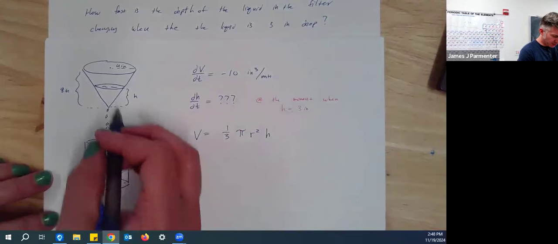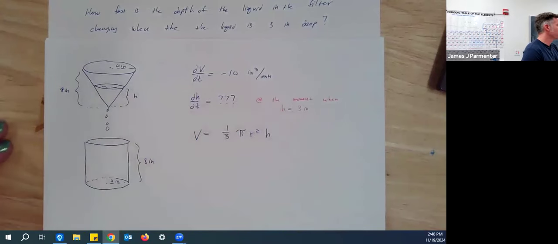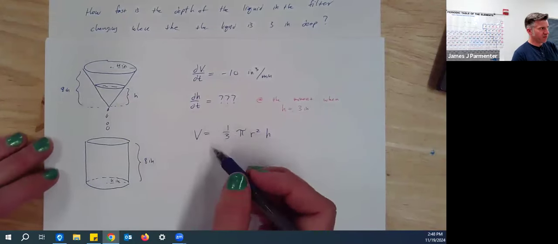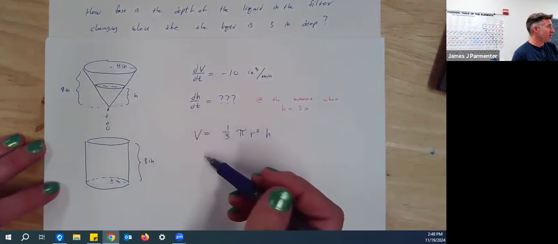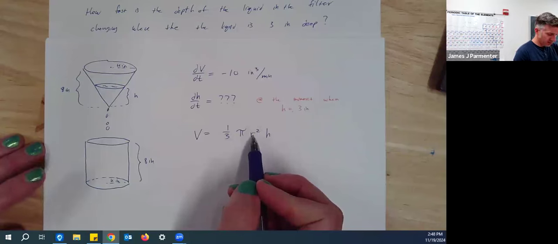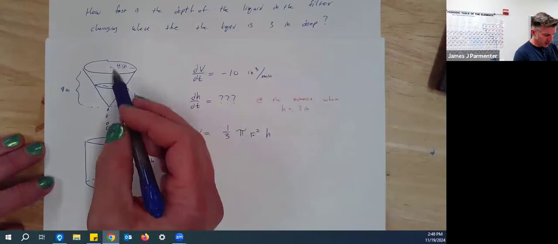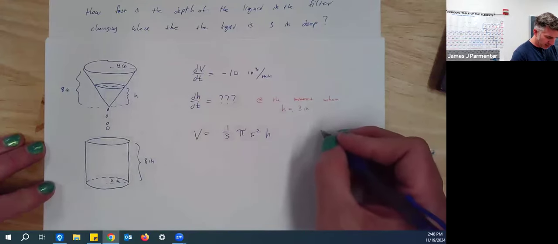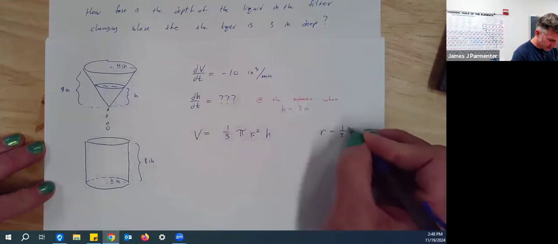I'm specifically thinking about the cone of liquid here. And the problem, which you've encountered before, is that I have a variable I don't want. That r is problematic. So we look at our cone: the radius is 4 inches, the height is 8 inches, so the radius is half the height.